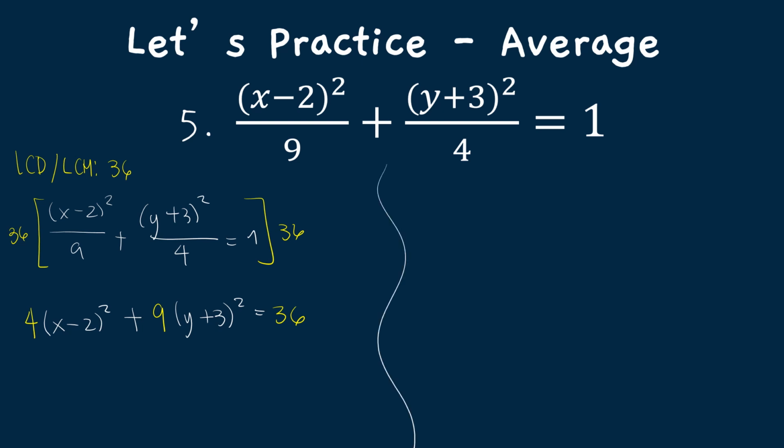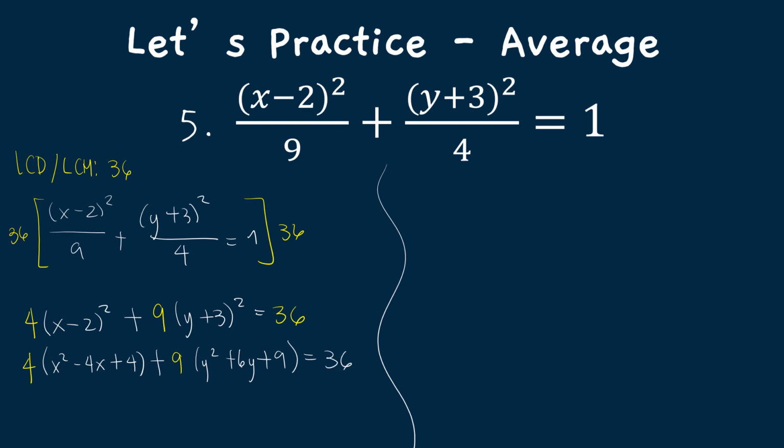So what will happen is we need to expand this binomial, x minus 2 and y plus 3, using the FOIL method, or we can use the special product. So it will result into x squared minus 4x plus 4 multiplied by 4 in front. And then we have plus 9 multiplied by y squared plus 6y plus 9 is equal to 36.